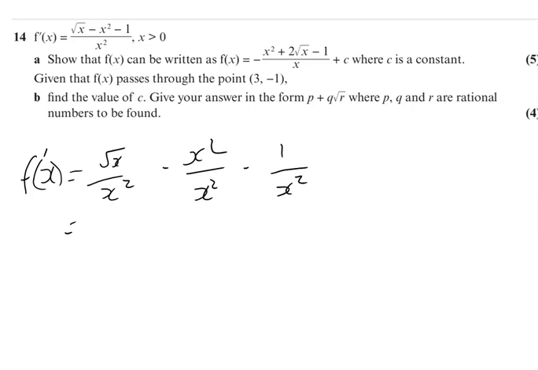Or, slightly better, this is x to the power of a half instead of the square root. So a half minus 2 is x to the minus 3 over 2. This is cancelling out to give us 1, and then this is minus x to the minus 2.